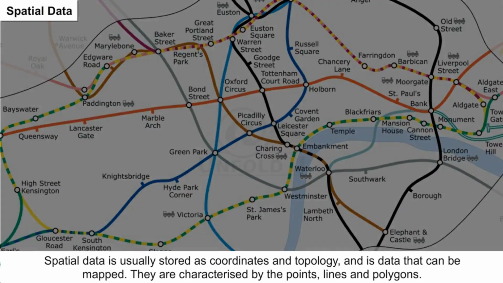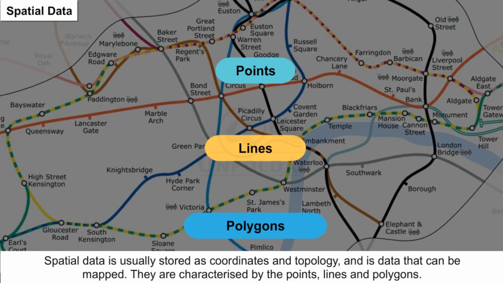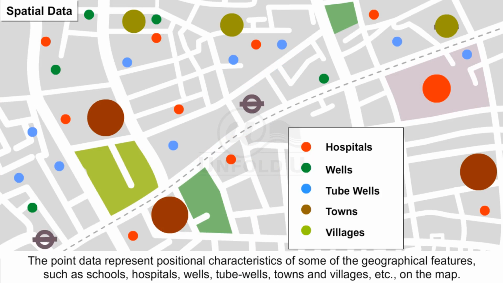They are characterized by points, lines, and polygons. The point data represent positional characteristics of some of the geographical features, such as schools, hospitals, wells, tube wells, towns and villages, etc. on the map.